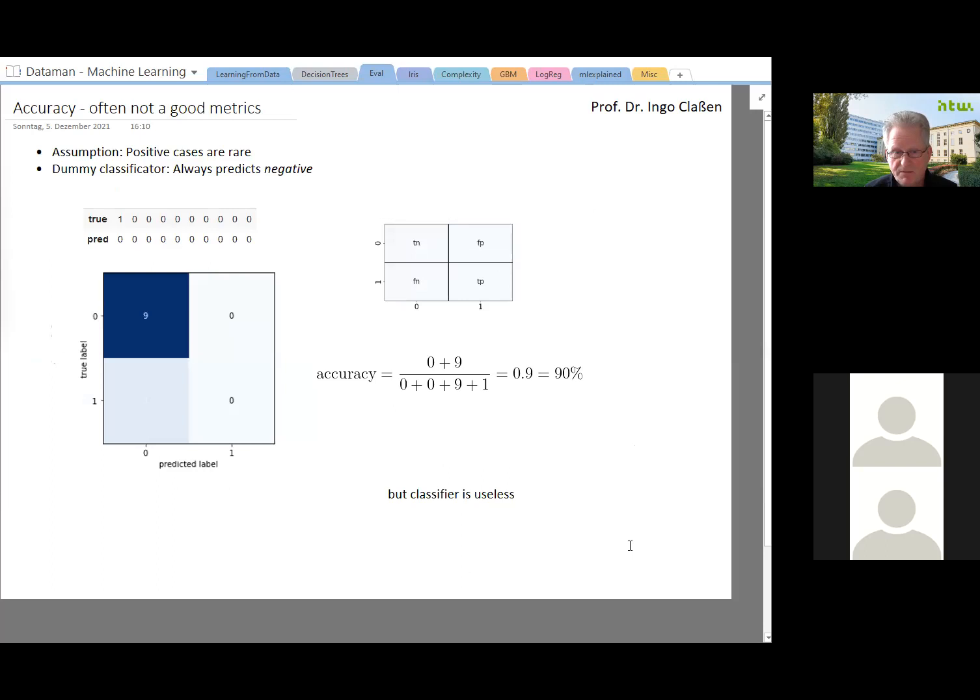Please look at that example here, and maybe some of you can paraphrase what is going on here. Why is that problematic?